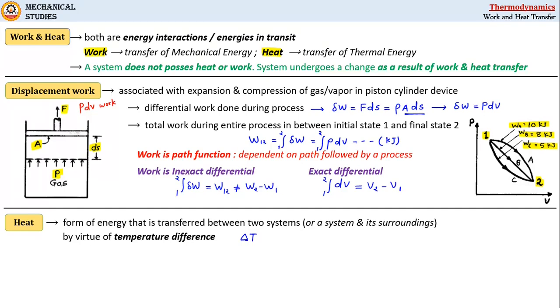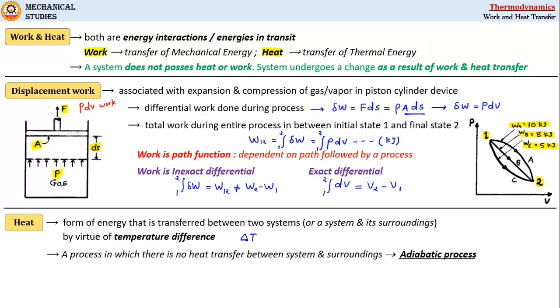either by conduction, convection or radiation. So please note here, a process in which there is no heat transfer between system and surrounding is called adiabatic process. One can achieve adiabatic process by maintaining system and surrounding both at same temperature, so there will be no heat transfer, or by providing strong insulation over the system boundaries.